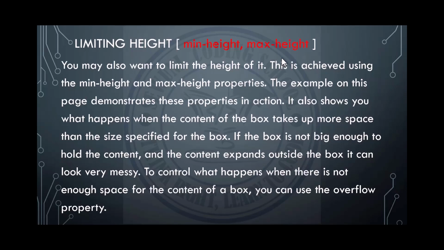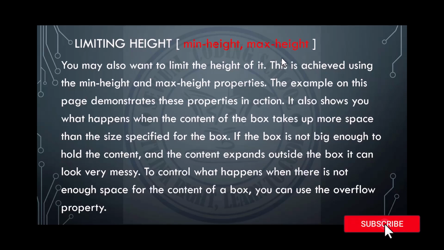You see, to show what happens within the content of the box, if a box is too big or it's not big enough to hold the content, the particular content expands outside the box. It will look very messy. It wouldn't look very nice at all.